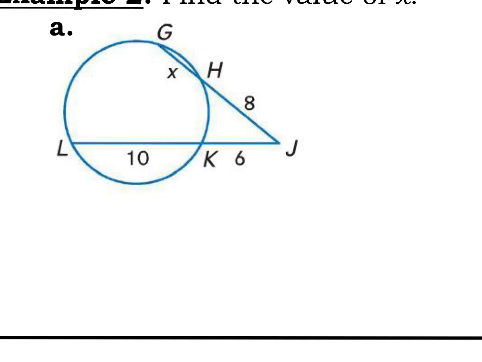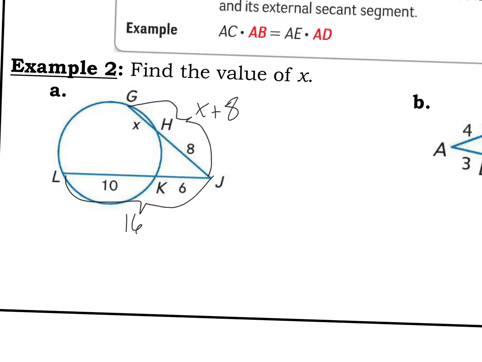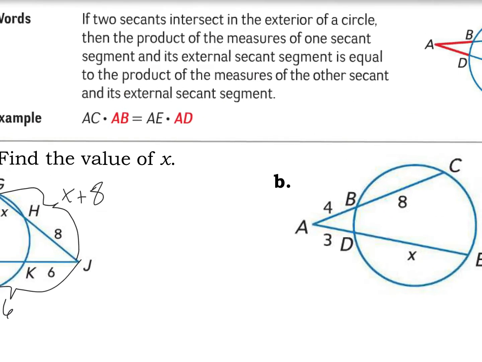So when I'm given a picture like this, you'll want to define the length of your secants. So 10 plus 6, that one's 16. And then x plus 8, that can't really simplify. So you're just going to have to write it as x plus 8. So we're going to set it up just like we did in this example.